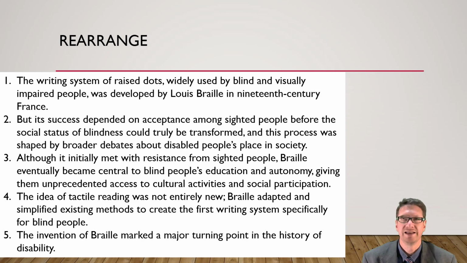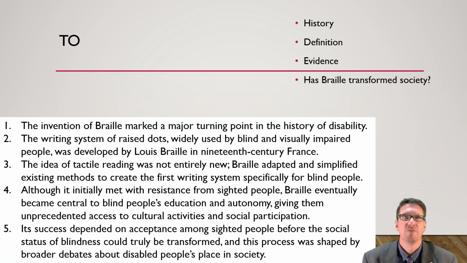Let's change the order again. The invention of Braille marked a turning point in the history of disability. The writing system was developed by Braille in 19th century France, again with the history. The idea of it wasn't new. This is what Braille is. It met with some resistance, but it became central to education and so on.